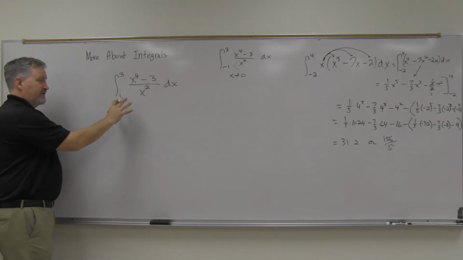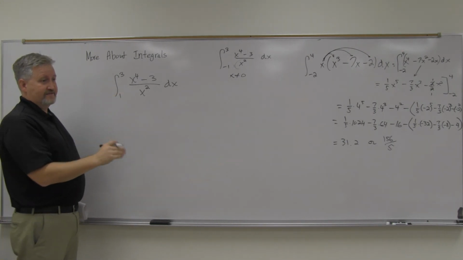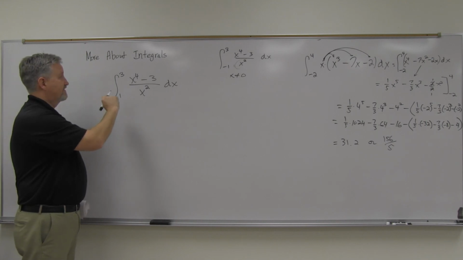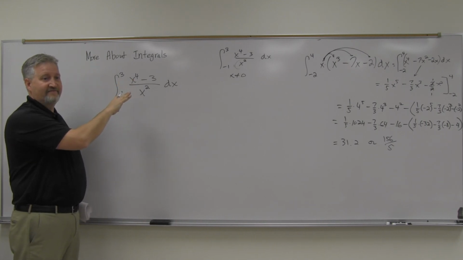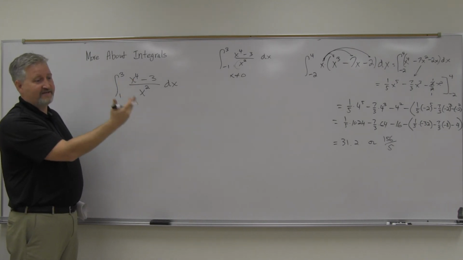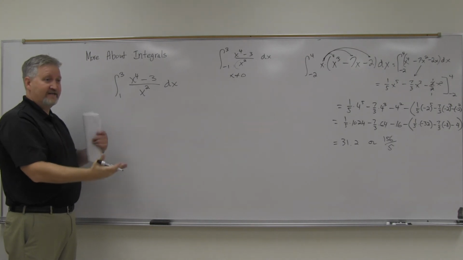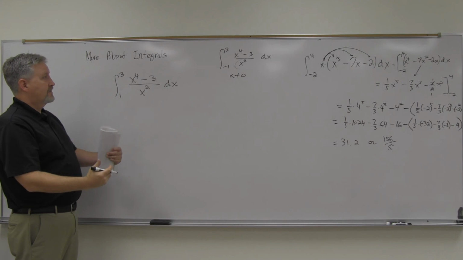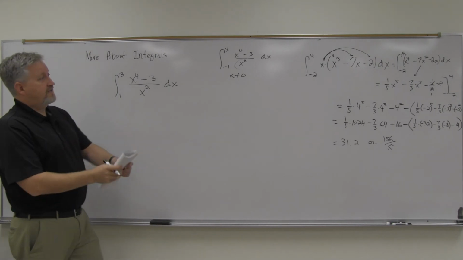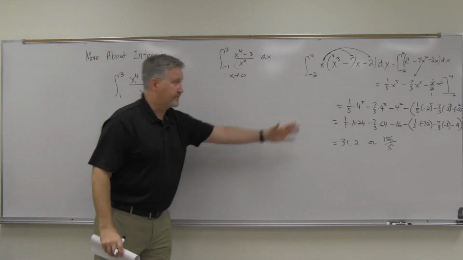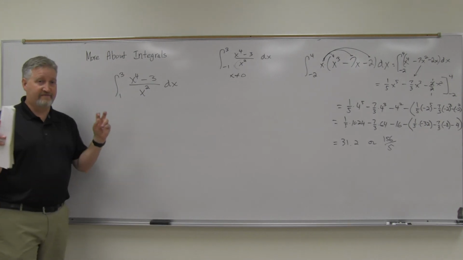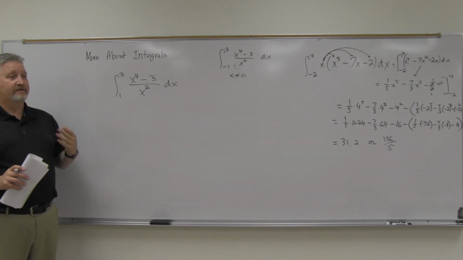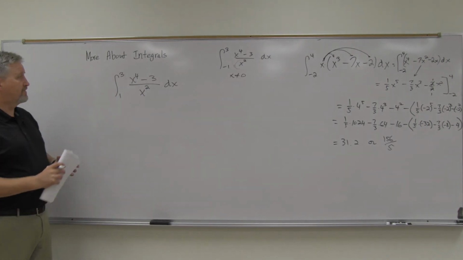But here, the problem on this one is not that, but it's dividing. And like we just said, when you have dividing, it's not antiderivative divided by antiderivative. Well, like we talked about with the multiplication over there, if we can get rid of the dividing, so to speak, then we're in better shape.